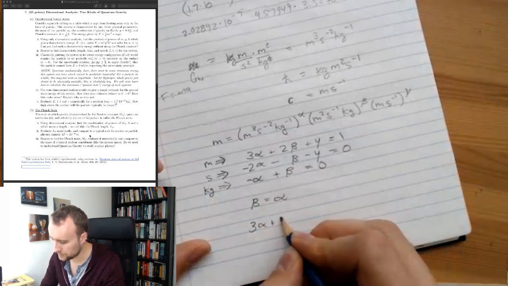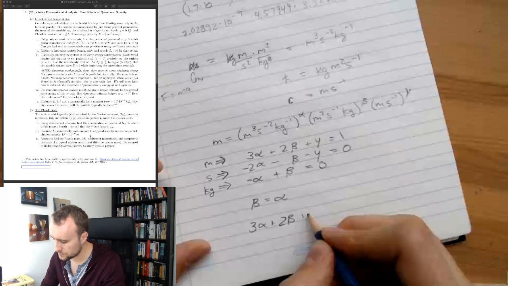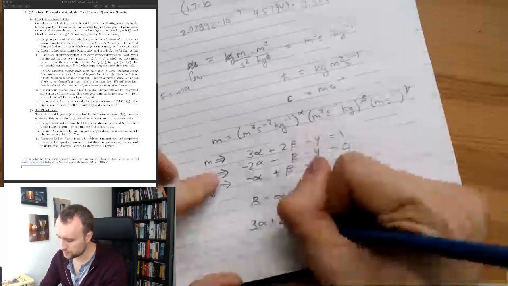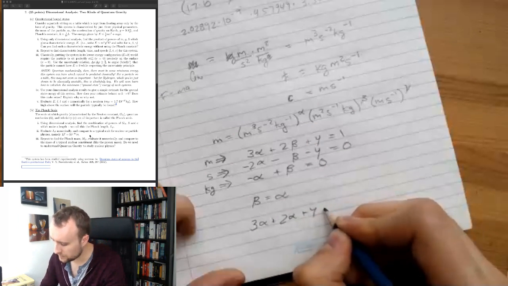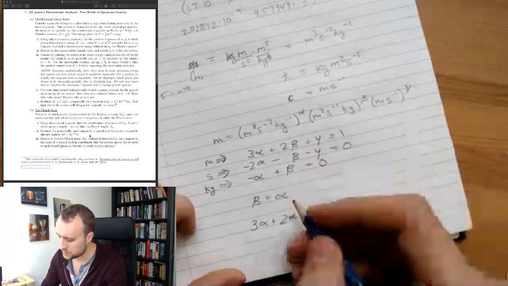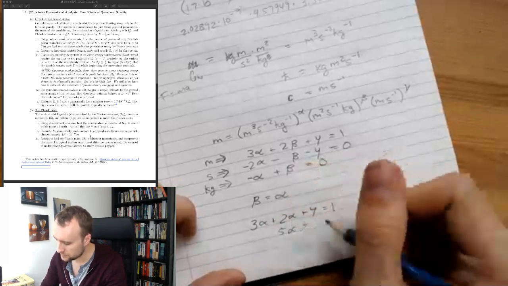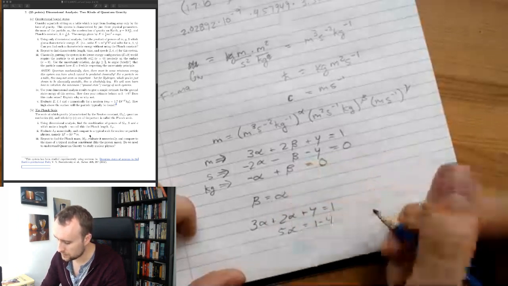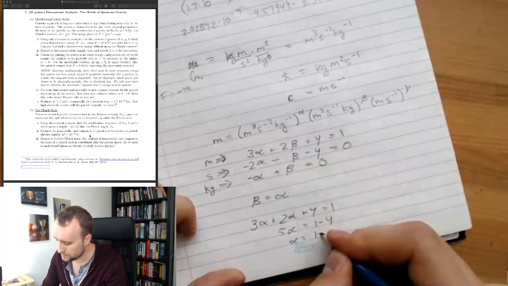3 alpha plus 2 beta. No, what am I doing? Plus 2 alpha plus this equal to 1. So we have 5 alpha equal to 1 minus this.